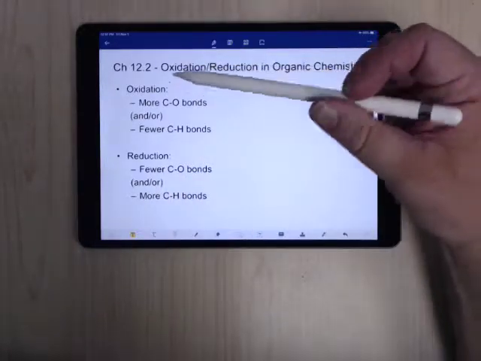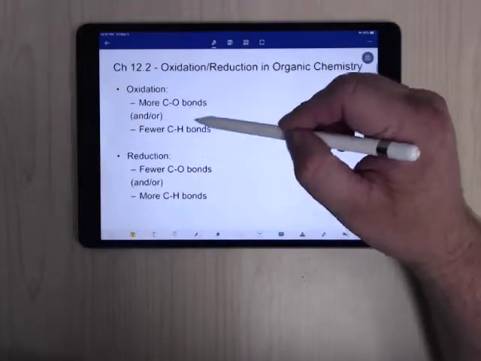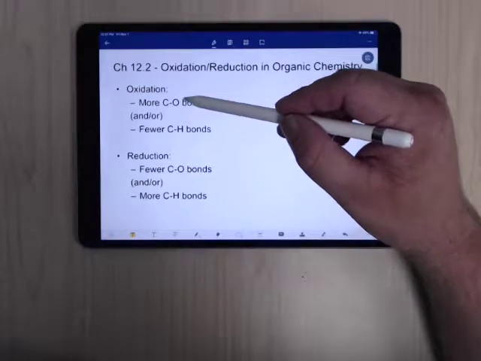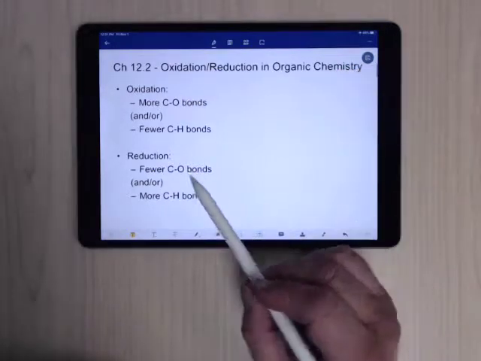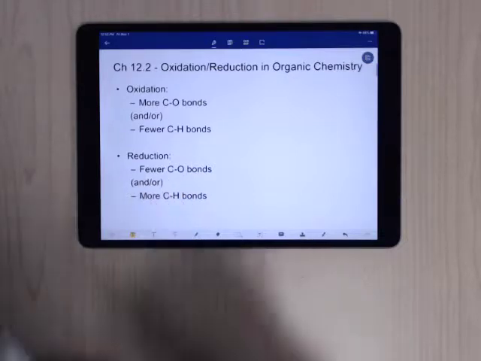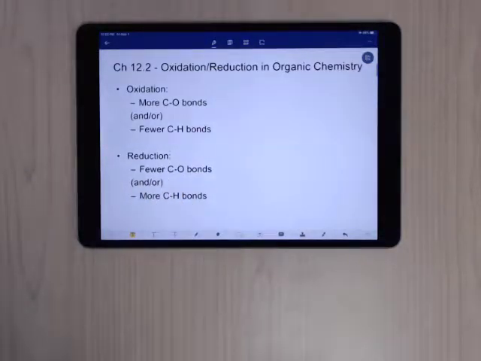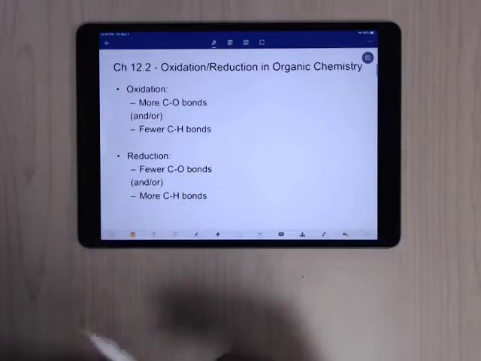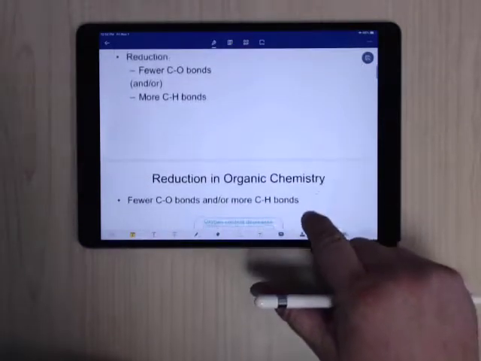Typically you're converting CH bonds into CO bonds when you oxidize, and vice versa, converting CO bonds to CH bonds in a reduction. That's typically what ends up happening, but it doesn't have to go that way, but that's the most common.